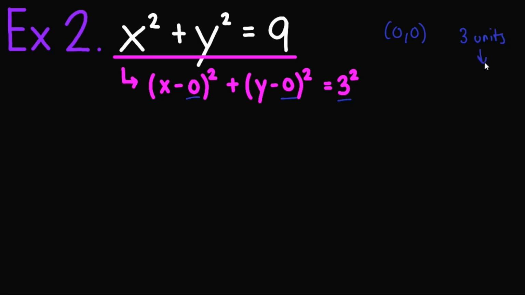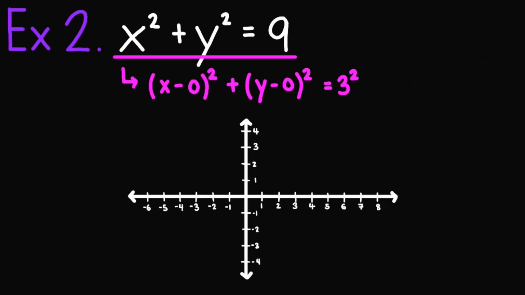So this is like 3 steps up, 3 steps down, 3 steps to the left, 3 steps to the right. And 0, 0 out here represents the origin. So using this, let's have this graph. And again, the center is at the origin. So this is the point 0, 0.